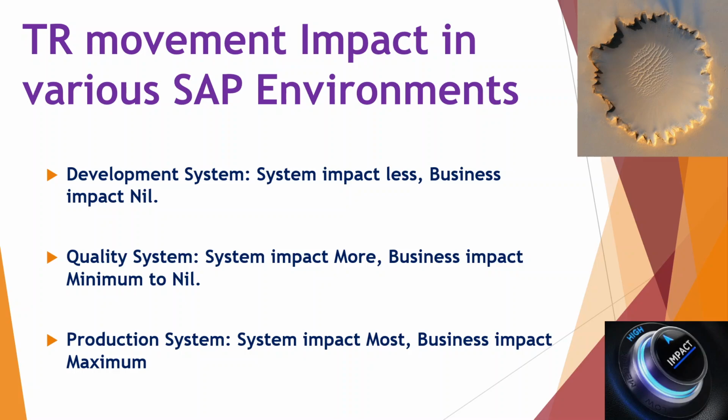Rarely I have seen that somebody is attaching their interfaces with the development system as well, and production system anyway will have them for sure. So if anything goes wrong in the quality, the impact is more, because much testing happens over there, not only by one team but across the teams.